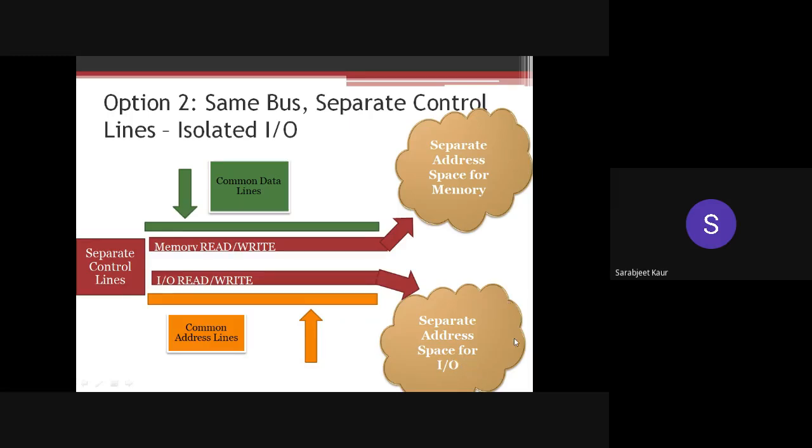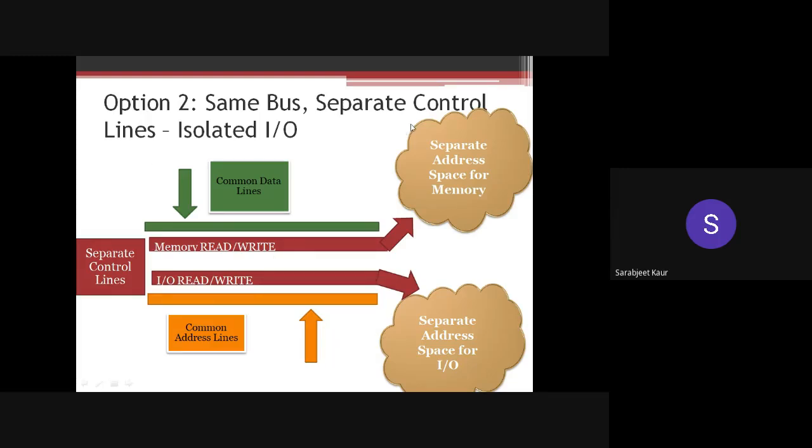This will also be some kind of memory, specially reserved for the IO devices. So there may be some address 100 here also. So how to distinguish whether this data, which is meant for a particular address 100, is actually meant for the memory or for IO? For that, we have separate control lines.